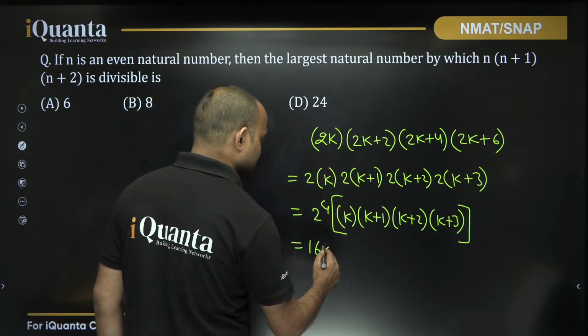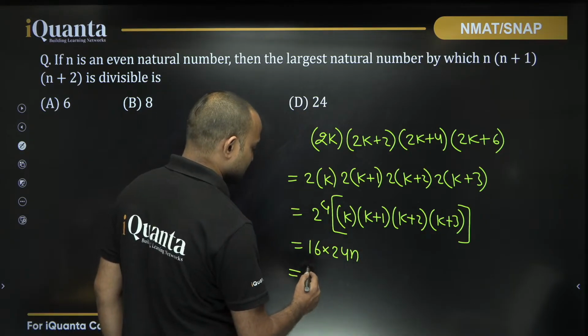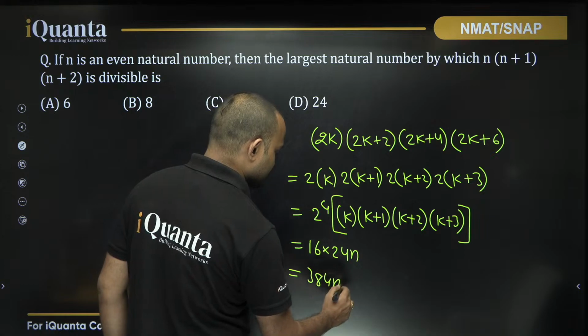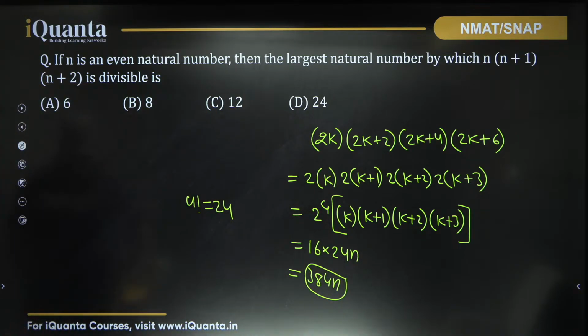So 16 into 24 n मान लो, है ना, कितना हो जाएगा ये? 384n. So the largest number this product will always be divisible by is 384.